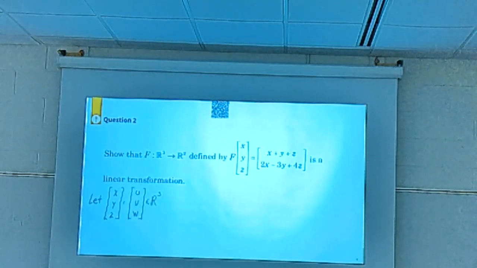So, two arbitrary vectors in R3, and two arbitrary constants.